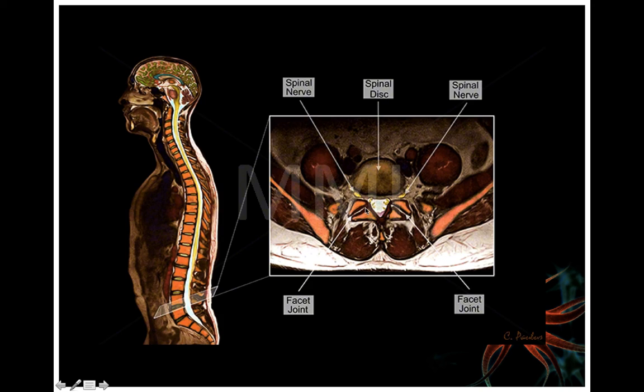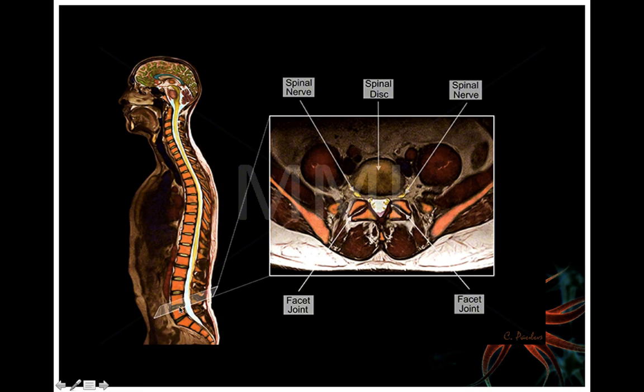Spinal canal stenosis can occur from thickening of the ligament or degeneration of the facet joints. What happens when the joints degenerate? They hypertrophy, they get larger, the synovial lining gets swollen, and the entire facet joint can become thicker and cause narrowing of the canal. The discs themselves can degenerate, and so what happens when the disc degenerates?